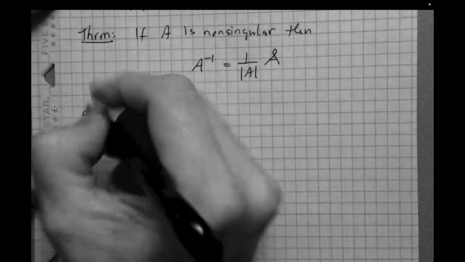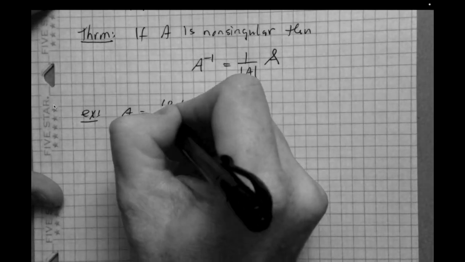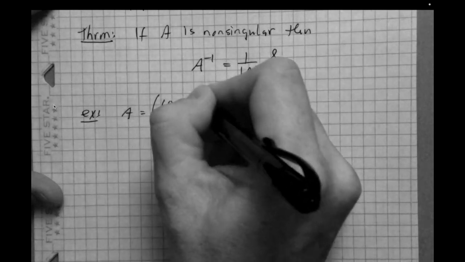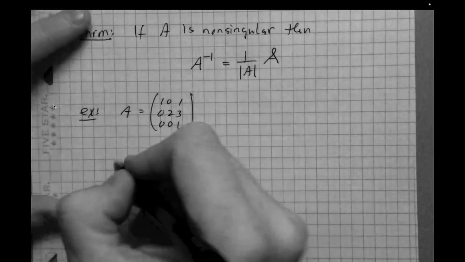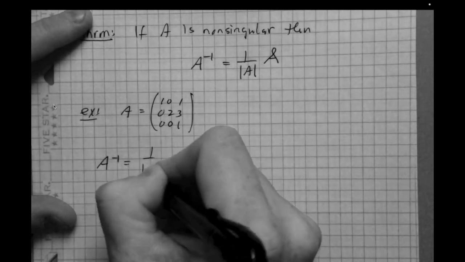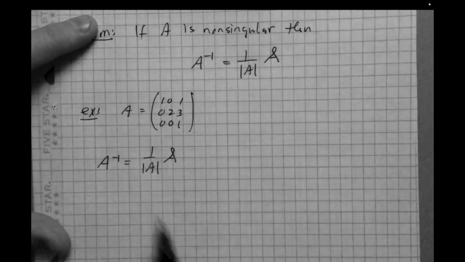We'll just work with our same matrix, A equals [1, 0, 1; 0, 2, 3; 0, 0, 1], from the previous example. So what we're saying is that A inverse is equal to 1 over the determinant of A times the adjoint of A. Well, we know what these matrices are.